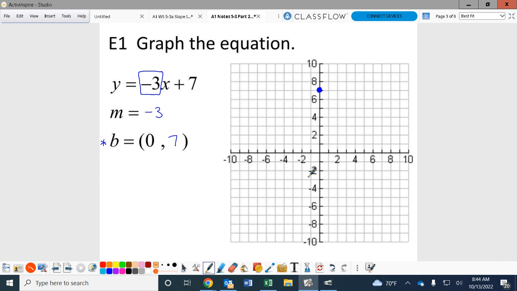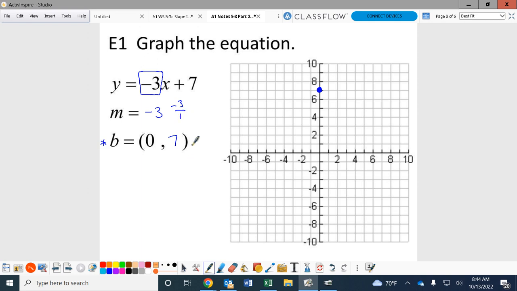Alright? The next thing that you're going to do is graph the other points on here. To do that, you're going to use your slope. From this point, you're going to go with your slope and rise and run from there. Guys, listen. Do you see there's only one number here? You can't rise and run when there's only one number. We're going to rewrite this as a fraction. It's going to be negative 3 over what? 1, because every whole number is over 1.